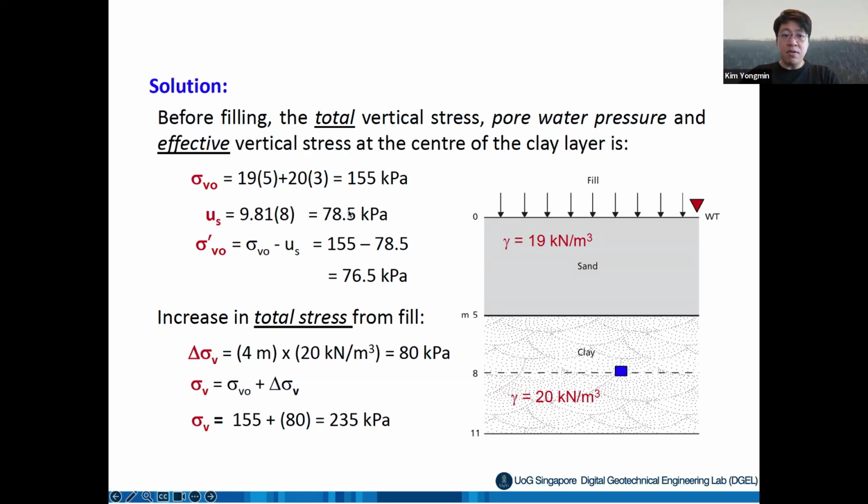I will subtract it out, which means 19 minus 9.81 times 5 plus 20 minus 9.81 times 3. Same situation, same process.